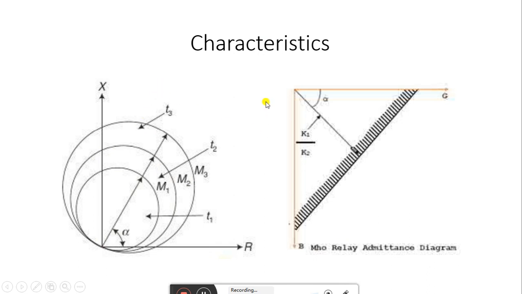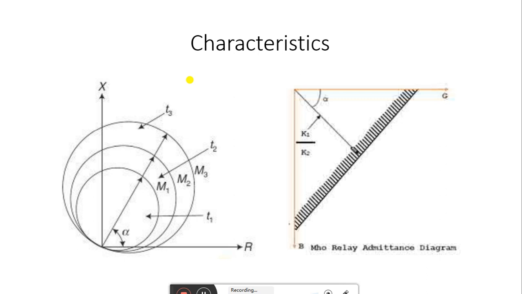So that is how the characteristics of the admittance relay have been shown here. So this was the overall structure, operation and characteristics of the mho relay, also known as the admittance relay.